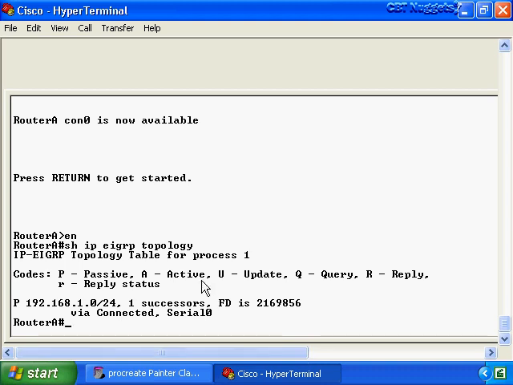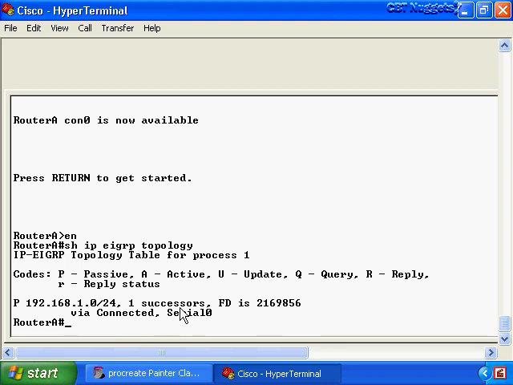Now, what you're going to find, first of all, is an entry. There's only one successor. There's only one best route to a destination. So you may, if you have multiple connected networks here, have a successor for each one of those particular network connections that are in your topology table. So I could have 3, 4, 5, or more successors in here.